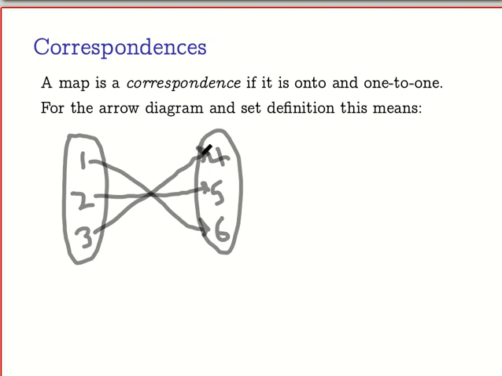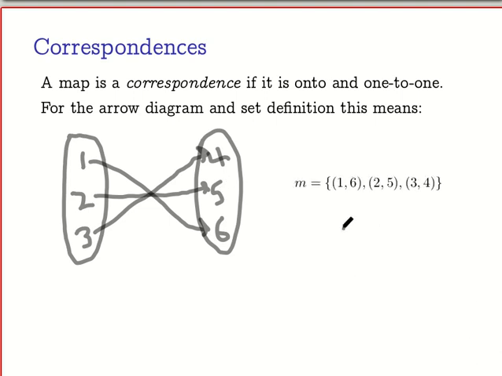Now we can see this is a correspondence because it's onto, because every element in the codomain has a domain element pointing to it, and every element of the codomain only has one element pointing to it. It doesn't have more than one.